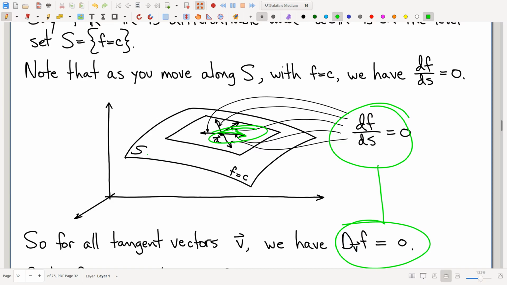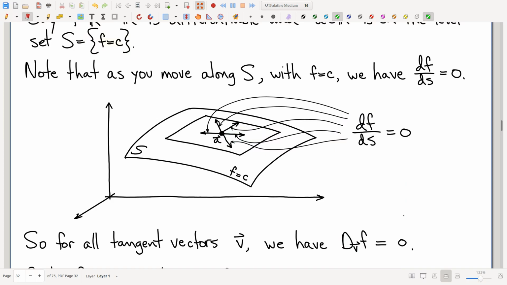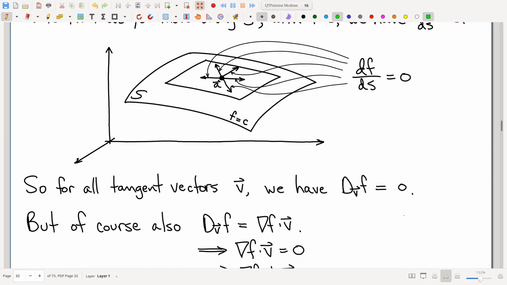And the whole premise is that this is not a graph of F. If you have 3 input variables, it's a level set. So when we say F, it's a constant. Is that cool? Yes. All right. Okay. All right. Well, so here's the thing.